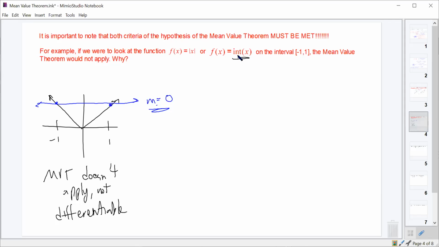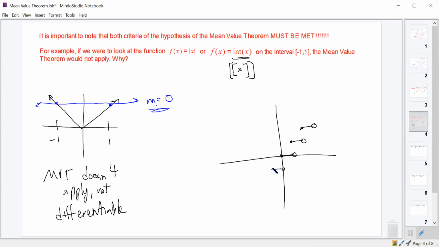You guys know what this function is? int of x, the greatest integer function of x. Sometimes seen written as double brackets. You've seen it before, you just may not remember the name.